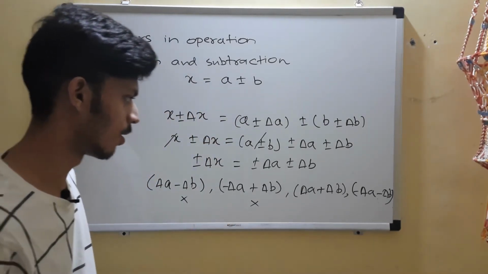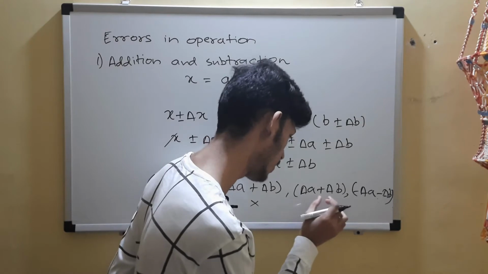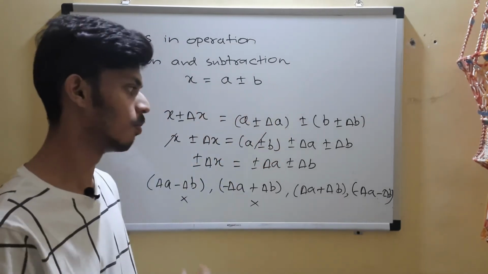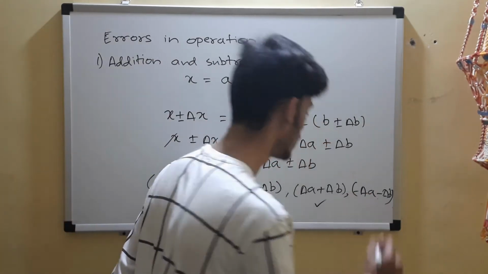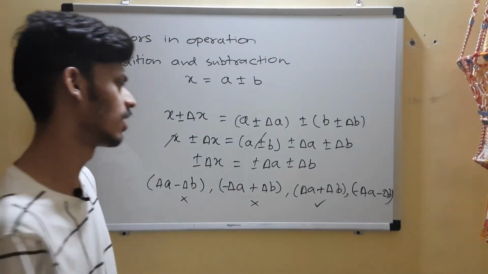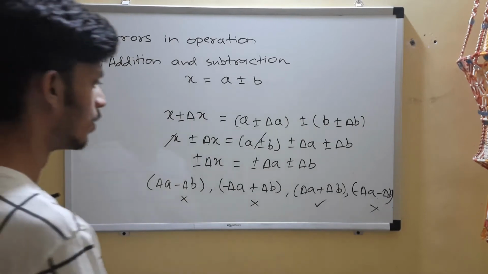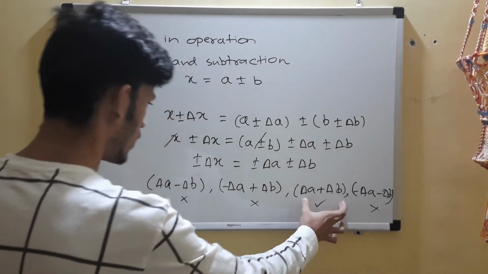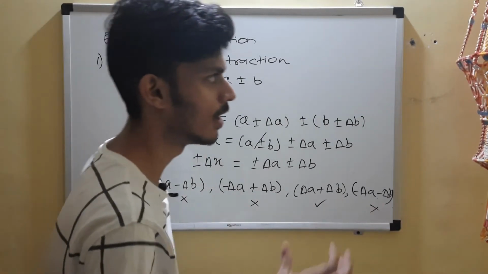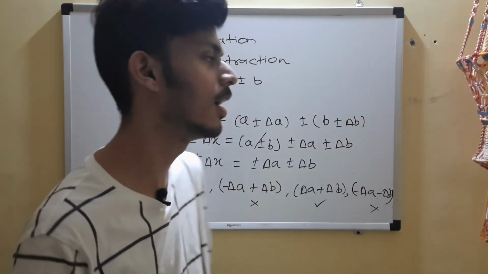So again, this is not it. Here, if you see delta A plus delta B, both the errors are getting added. This is the correct one. That is also not the correct one. So you have to account only for this. These are not contributing that much, though they do, but not that much.